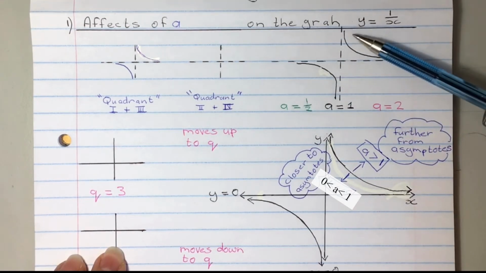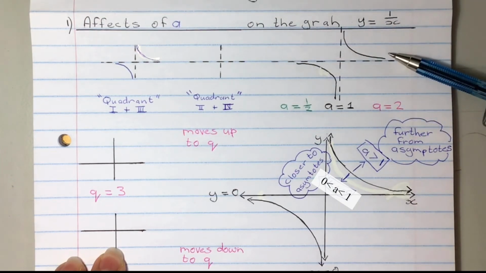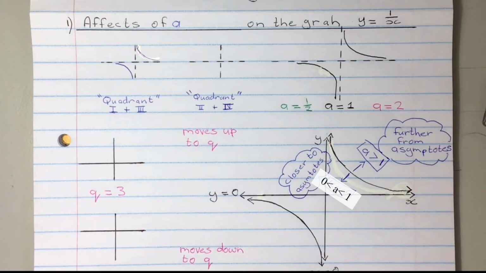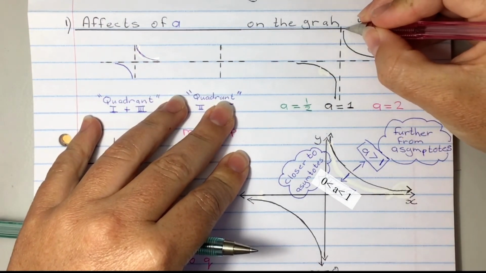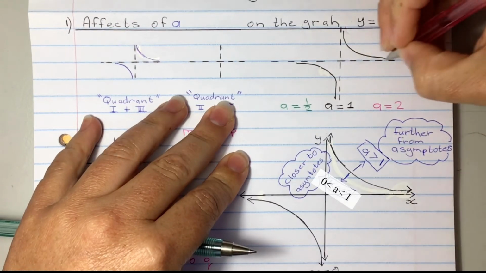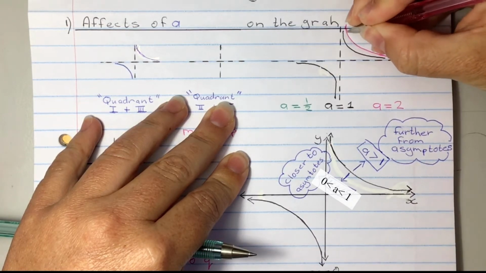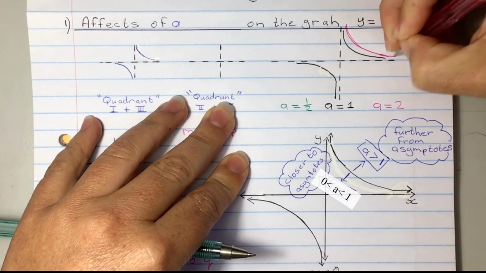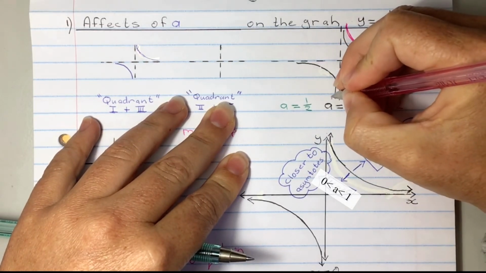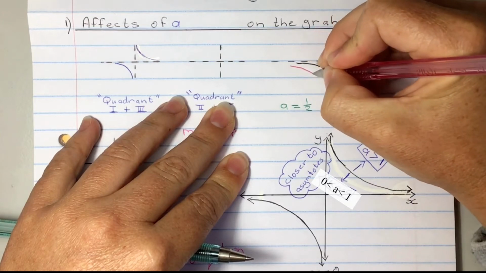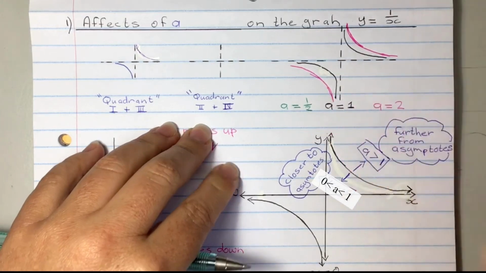Now that's the first part of A, but let's have another look at that a little more in detail. So over here I have my hyperbola with its 2 asymptotes. So if I say A is equal to 2 and I make it bigger than 1, we're going to have something that goes over here. Let's see if I can do that. There we go. So notice this graph pulls away. Okay. And over here we'll have the same thing at the bottom. So we have our graph, but it's pulled away from my asymptotes.